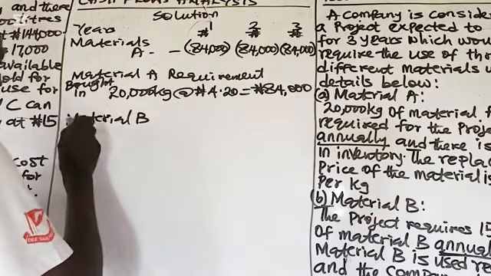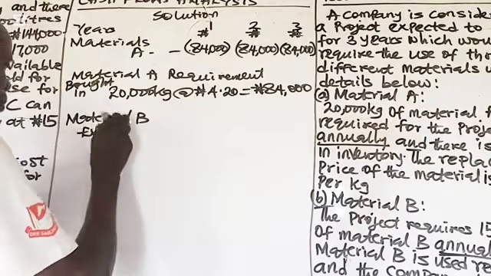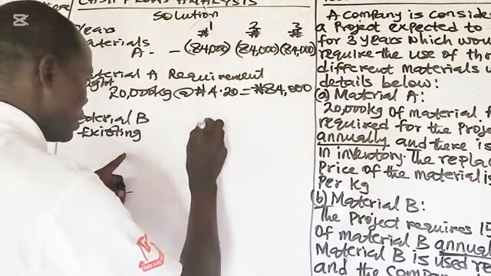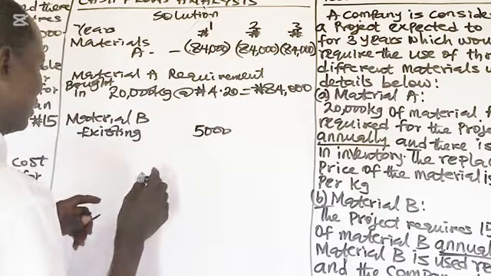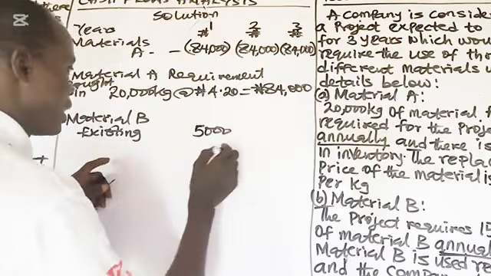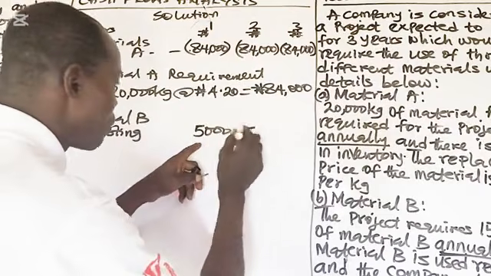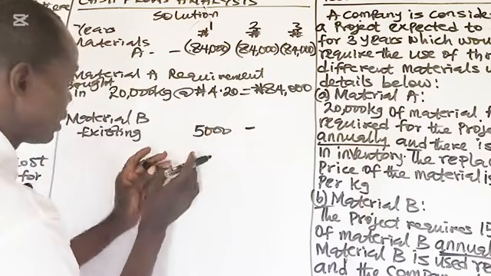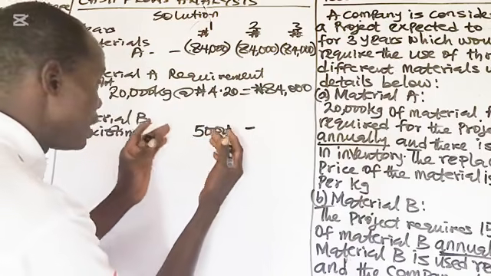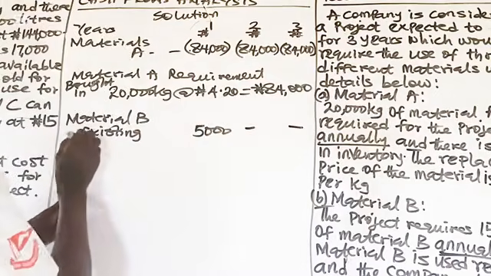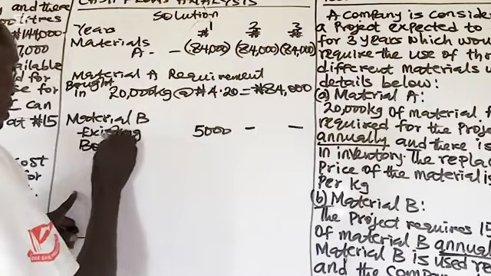So material B now. You already have, in year 1, 5,000 in stock. That is existing material. These 5,000 you have in stock in year 1 will be used, and that means you'll have none in stock in the subsequent periods.